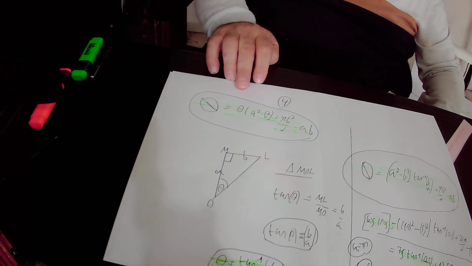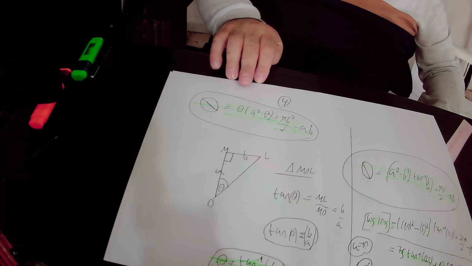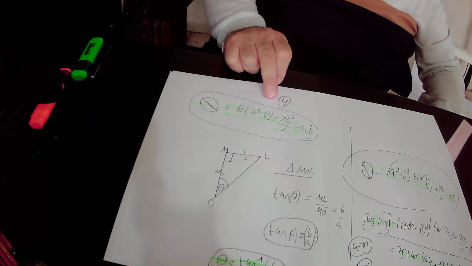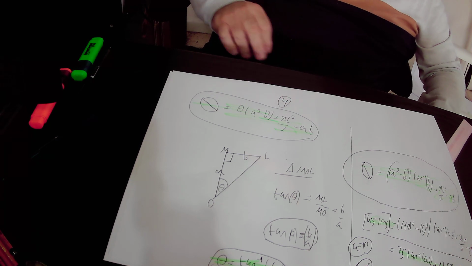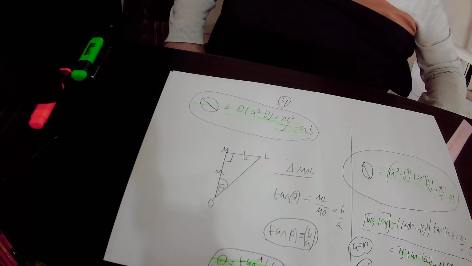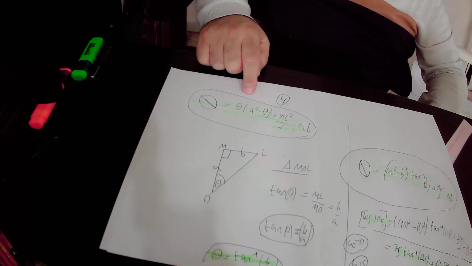Inside the brackets we have a² minus b², plus πb²/2 minus ab. Now we have to find out the value of theta, because we want a formula where the only variables will be the radii of the two shapes. So we find out the value of theta here.